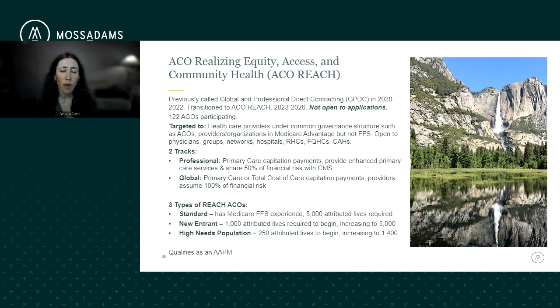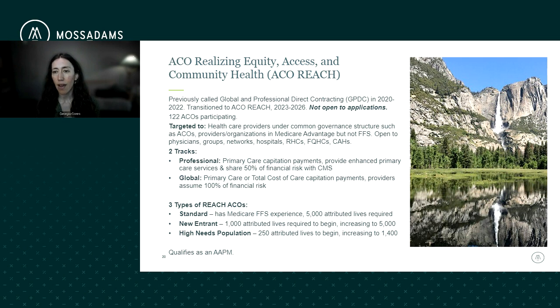I also briefly want to mention the ACO REACH program, brief because it's not open for new ACOs to apply to, although it also has an annual process similar to MSSP, where certain participants in REACH ACOs could be added or dropped. But this is what I would call MSSP on steroids. It's a similar type of program where you're managing the total cost of care.